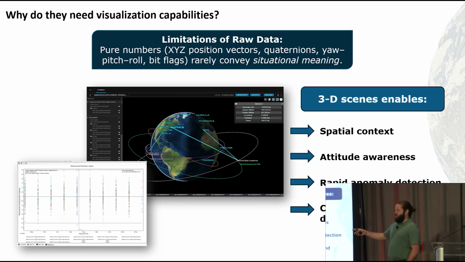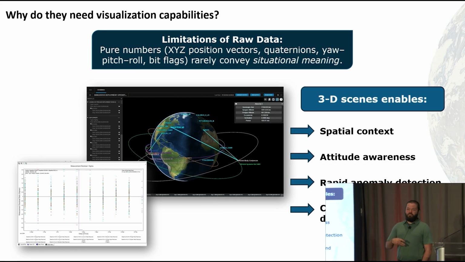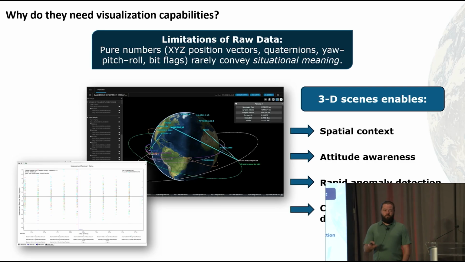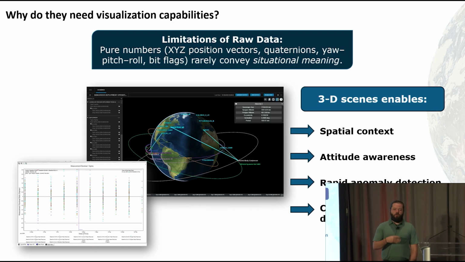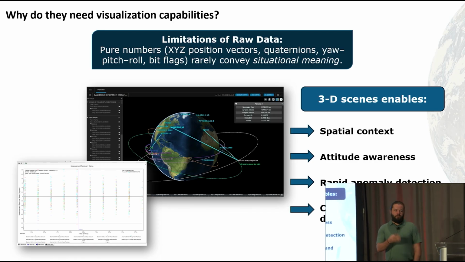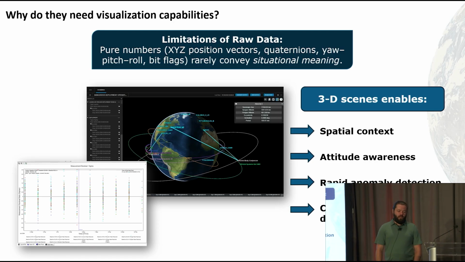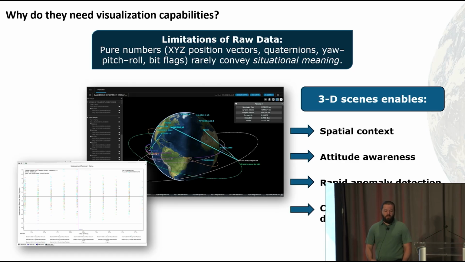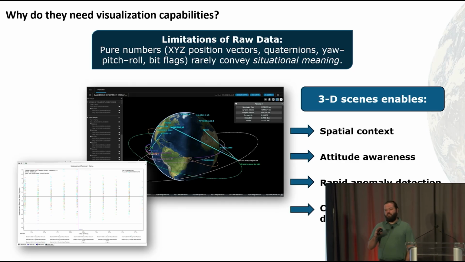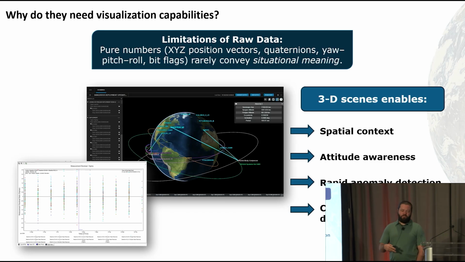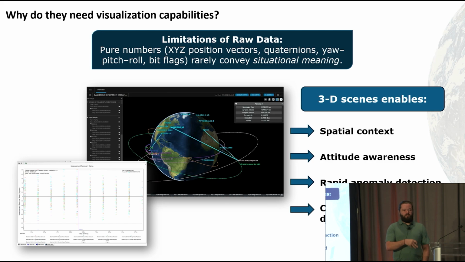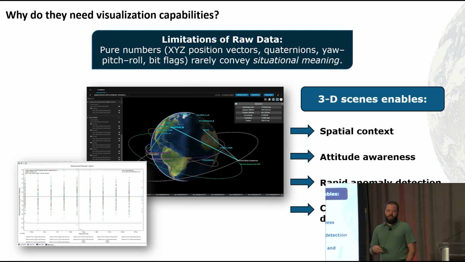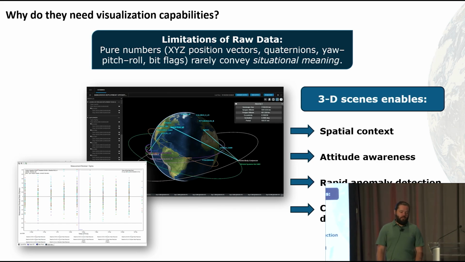Or you could start looking at a bunch of graphs, see a variety of dots or lines, and try to interpret that data to figure out where you are, who you're close to, what your uncertainty is, et cetera. So the spatial context and the 3D context really help build your confidence in your space operations and your SSA and SDA analysis.